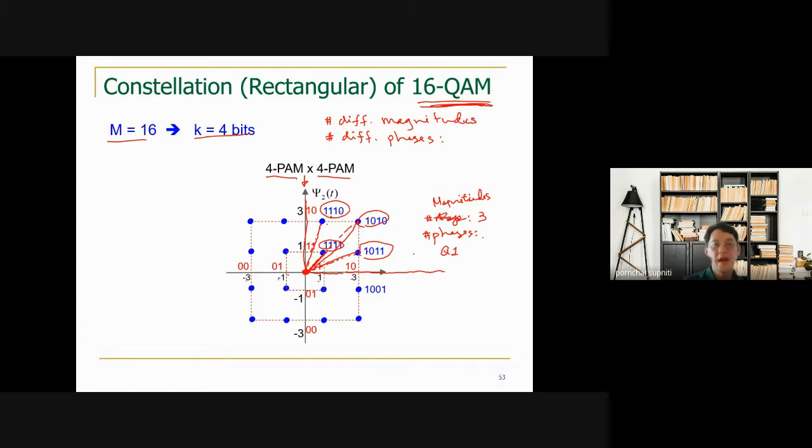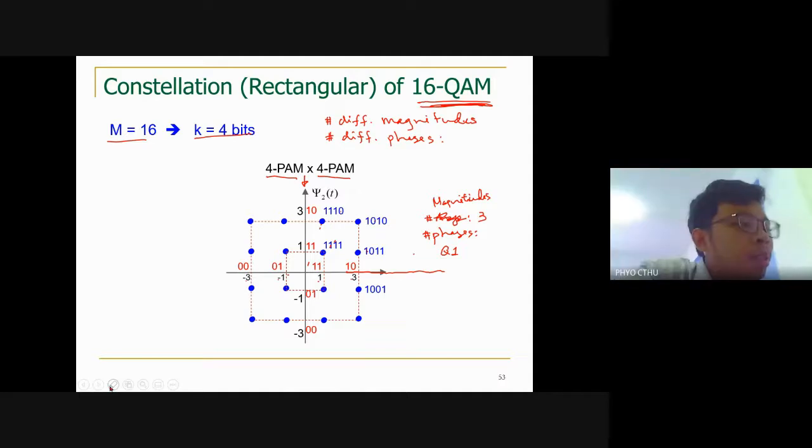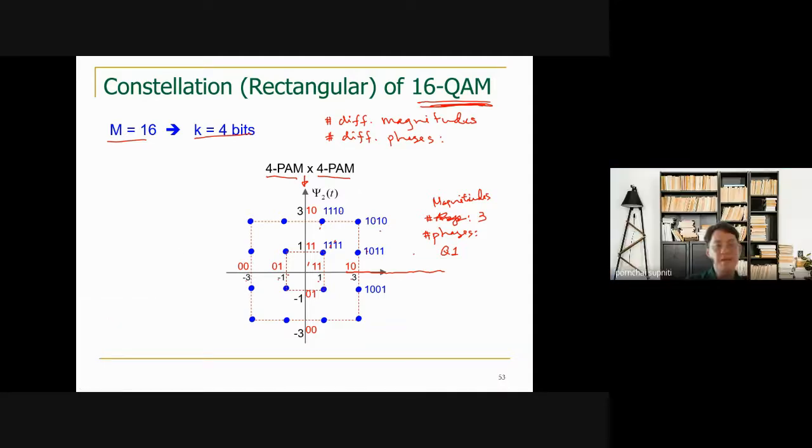So 3. How about the number of phases? How many different phases are there? Phases means angles. In this quadrant 1, how many different angles are there? The maximum is 4.